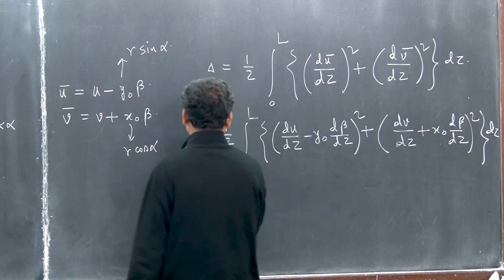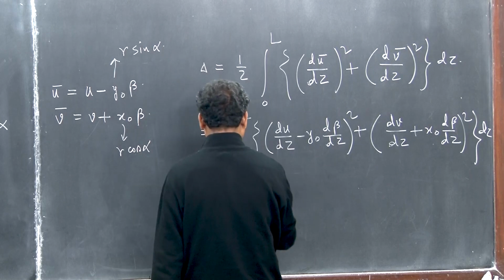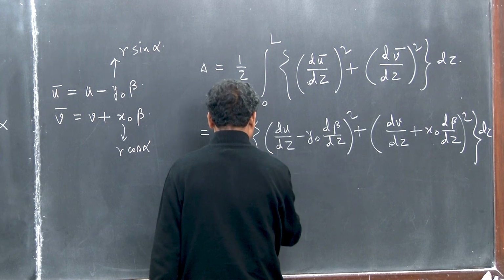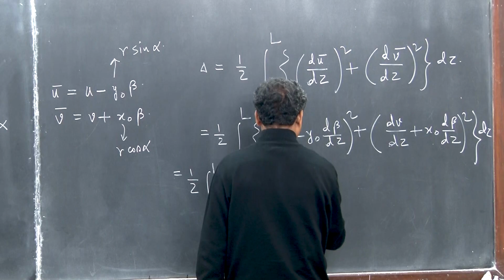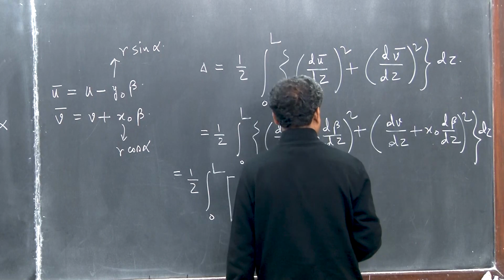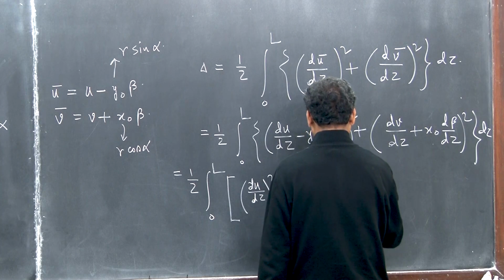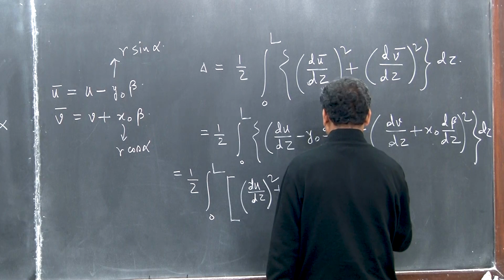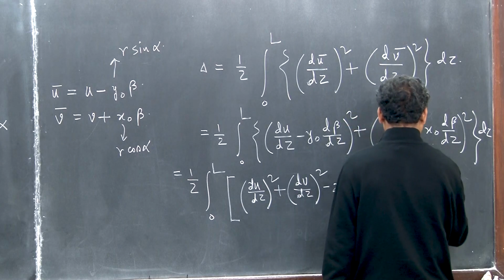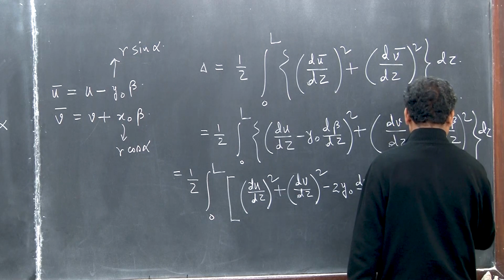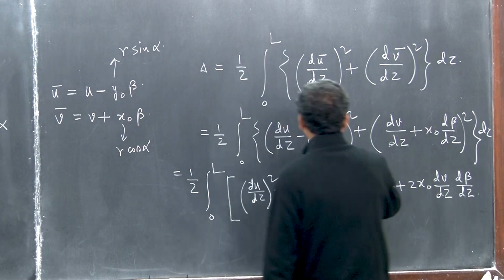Expanding, we get du by dz square plus dv by dz square minus 2 y0 du by dz d beta by dz plus 2 x0 dv by dz d beta by dz plus x0 square plus y0 square times d beta by dz square.